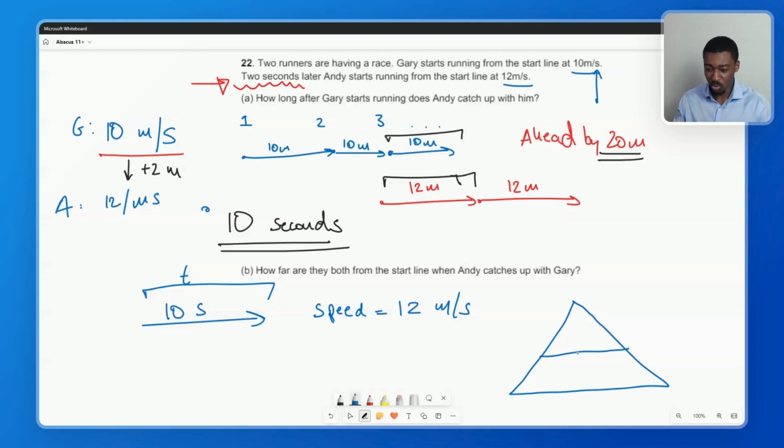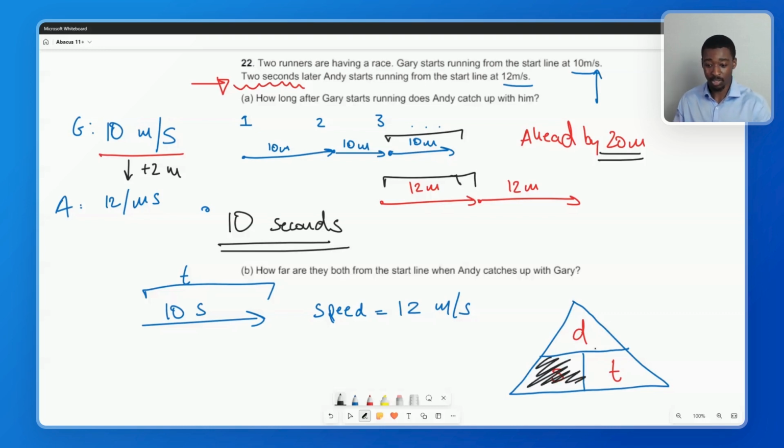So to work this out, we need to understand the speed, distance, time triangle. And this helps us to work out all the questions regarding speed, distance, time. Questions like this. So this is how it works. We have speed, distance, and time in this triangle. And pretty much we can work out how to find each of these elements by covering up one of those elements. So for example, if we want to work out speed, we simply cover up speed in our speed, distance, time triangle.